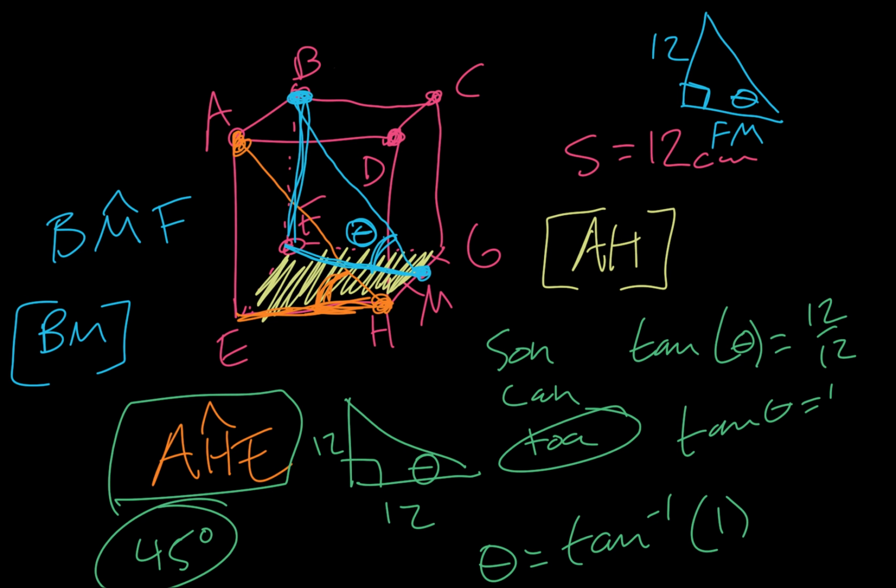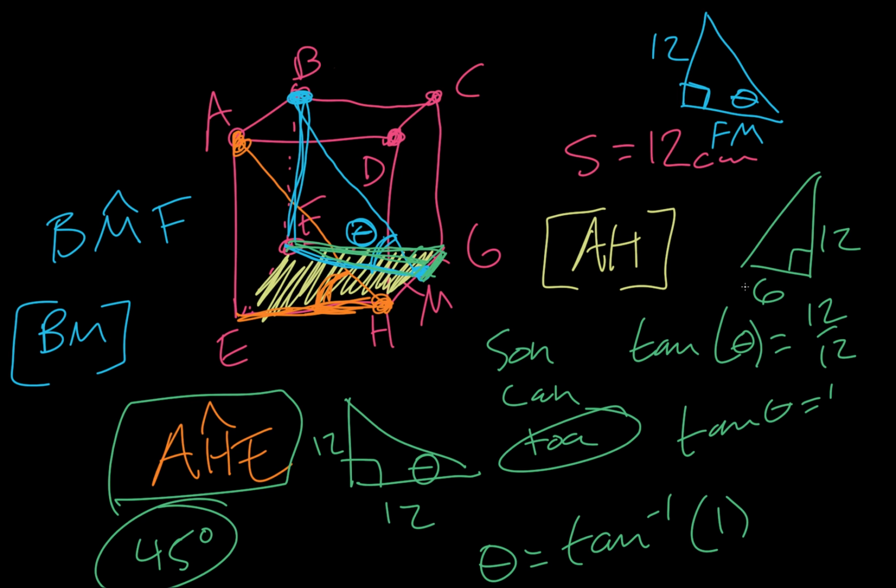If we look at this right triangle, where this is the right angle, so I'll draw that one, we know the distance of this leg is 6 and the distance of this one is 12.